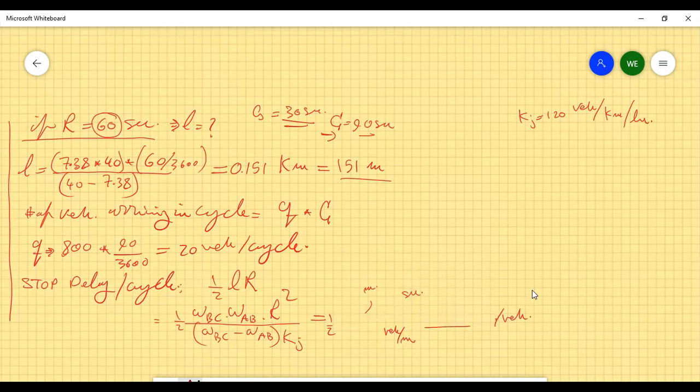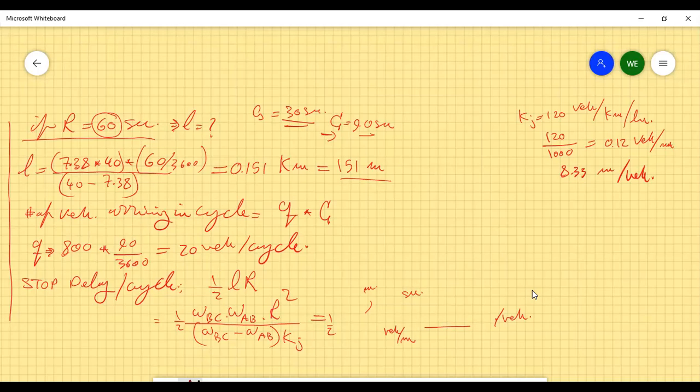So this 120 vehicle per kilometer, that means it's 120 divided by 1000. So it's 0.12 vehicle per meter. Or in other words, if we flip it, it's 8.33 meter per vehicle.